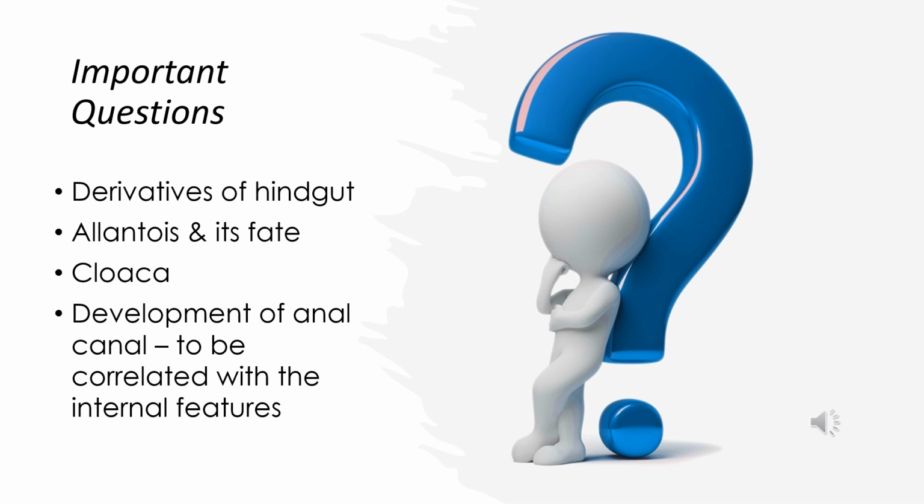So you should be able to note the subdivisions of the cloaca and the derivatives of the cloaca. And the third and the most important question from this topic is the development of the anal canal. And you have to correlate the gross anatomy of the anal canal with its development.